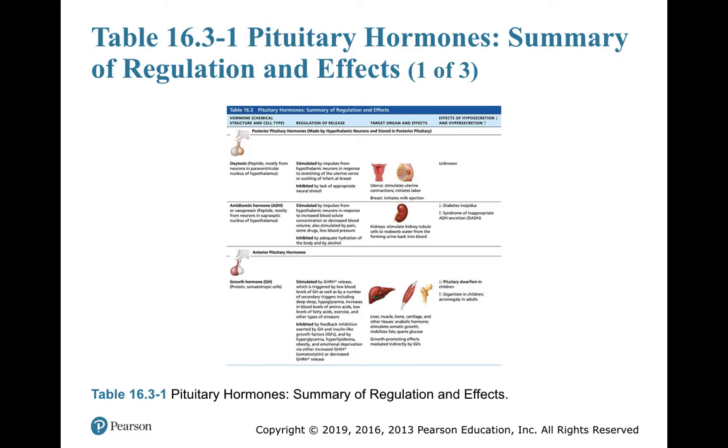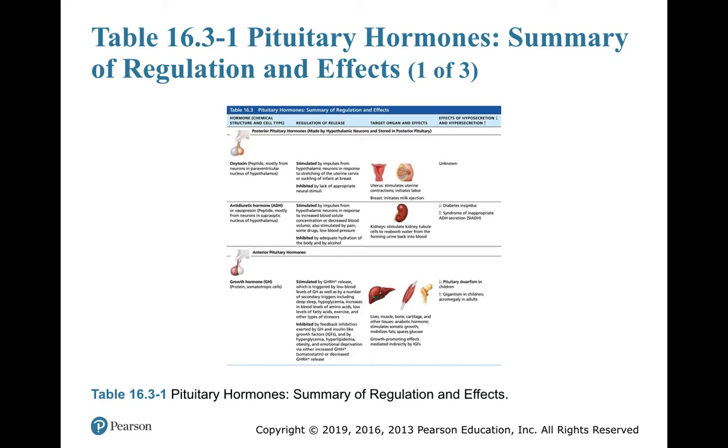So our posterior pituitary hormones are oxytocin and antidiuretic hormone. They work on their target organs. The hyposecretion and hypersecretion for oxytocin have not been investigated or not understood. Low secretion of ADH can lead to diabetes insipidus, which is nothing to do with glucose.